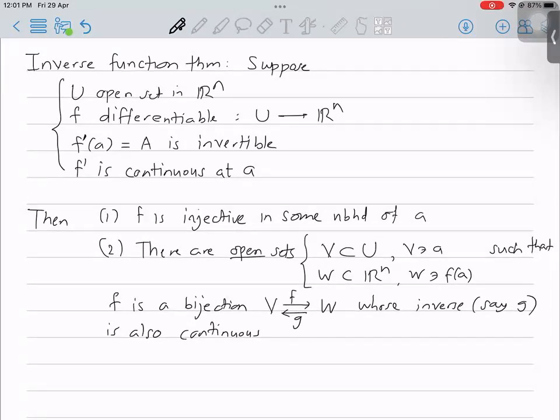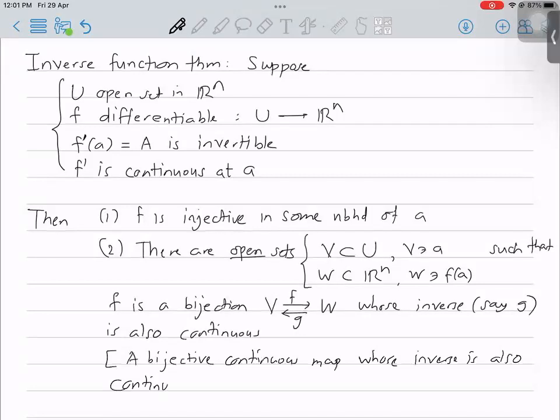A remark here, just a side note. A bijective continuous map whose inverse is also continuous is called a homeomorphism. Notice this is a different word from homomorphism. Homeomorphism, just a word.